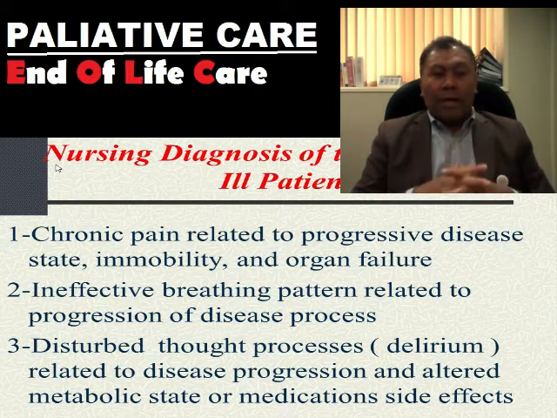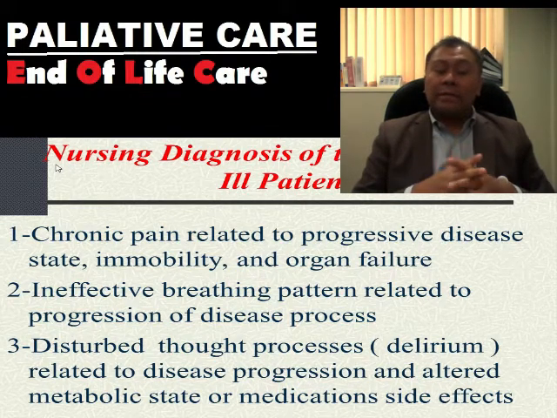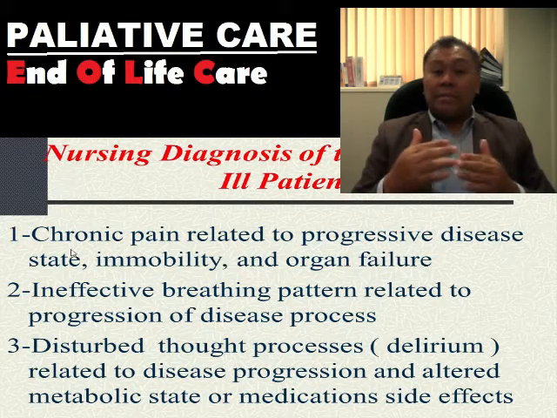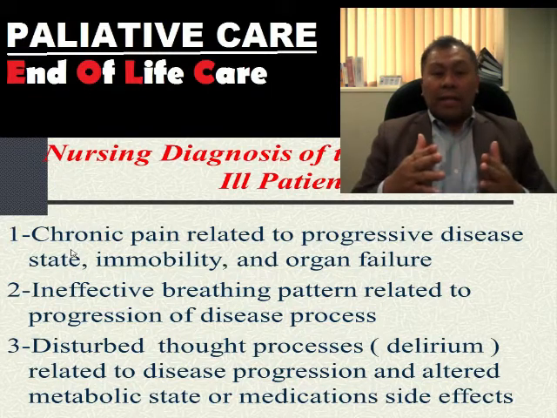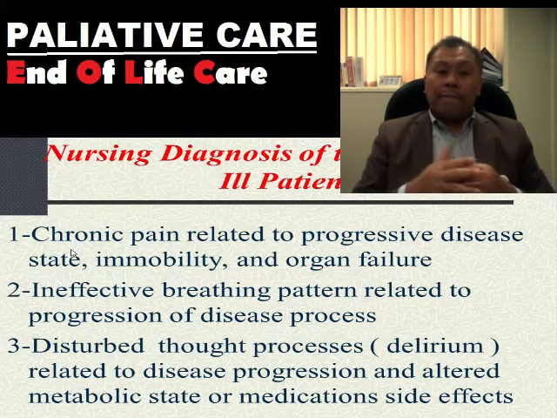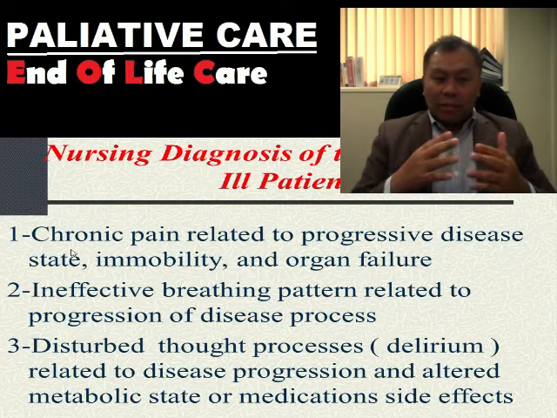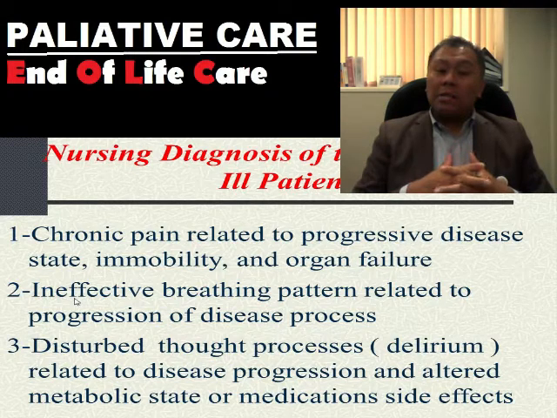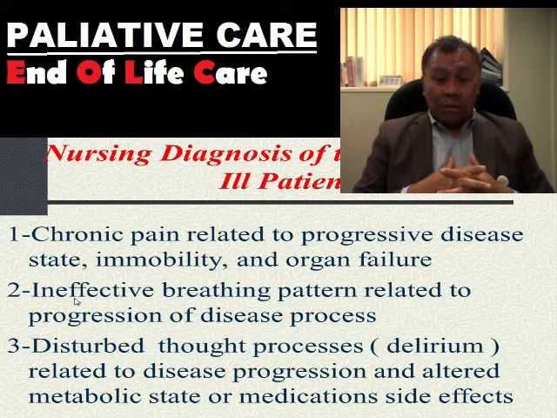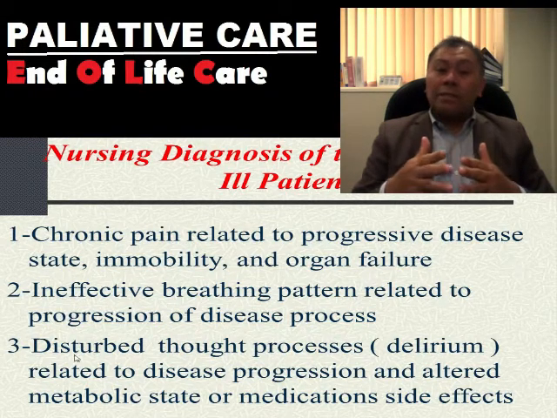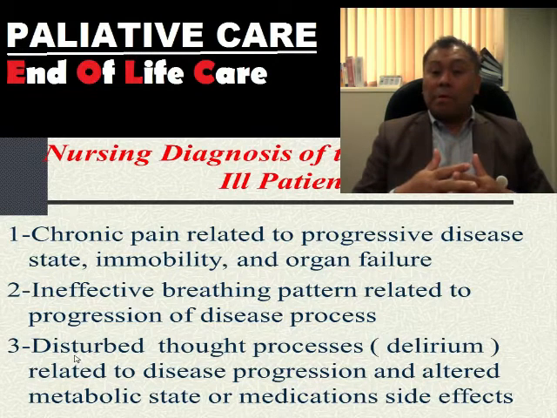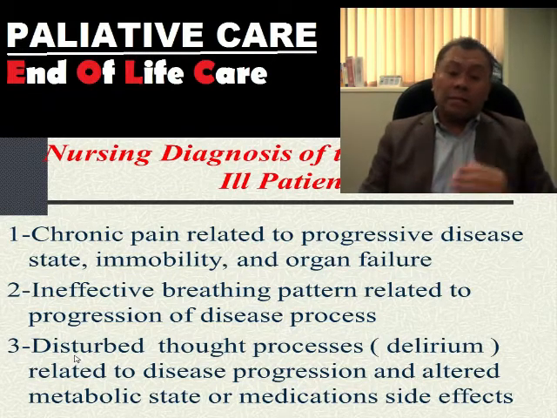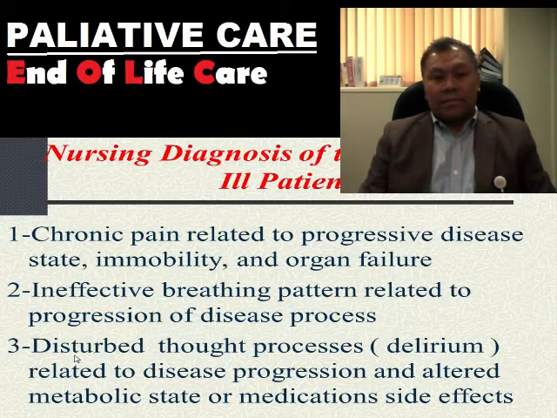So we have number one, it may be chronic pain related to progressive disease, immobility and organ failure. We have a nursing diagnosis, ineffective breathing pattern related to progression of disease process. Or it may be psychological, disturbed thought process related to disease progression and altered metabolic state or medication side effects.